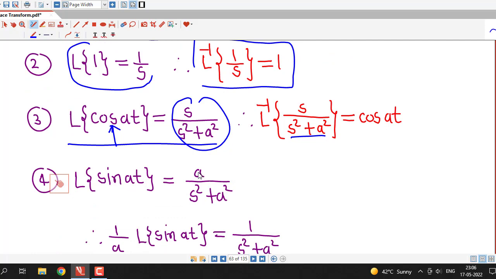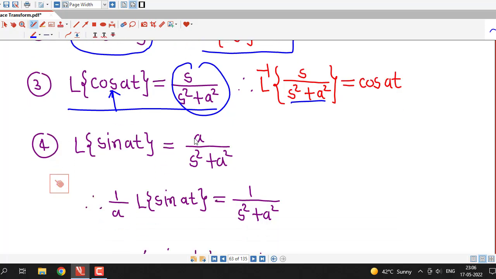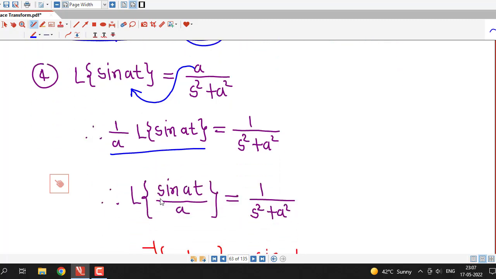The Laplace transform of sin at is a divided by s square plus a square, and we can transfer this constant a to the left hand side. So this we can rewrite as 1 by a times the Laplace transform of sin at is 1 divided by s square plus a square. Now using the linearity property, we can take this constant inside the transform of sin at.